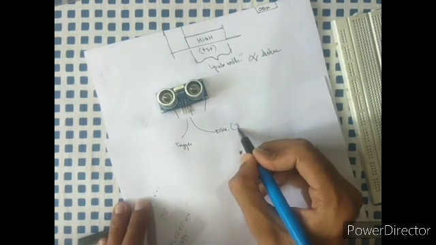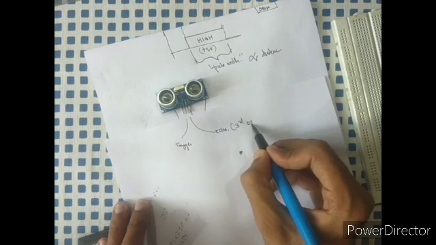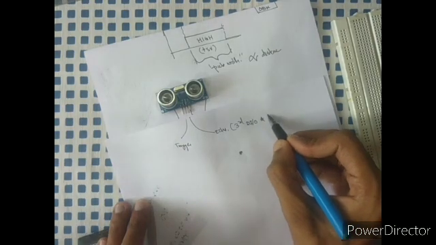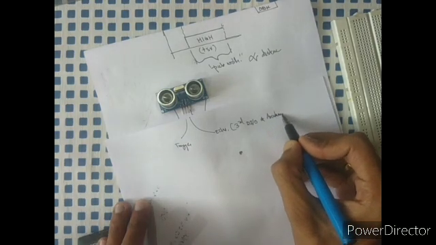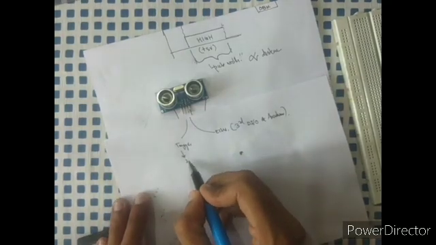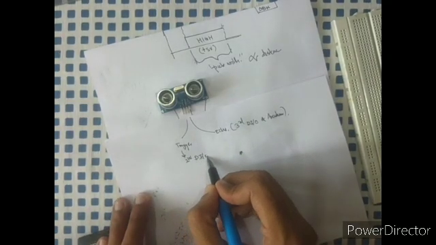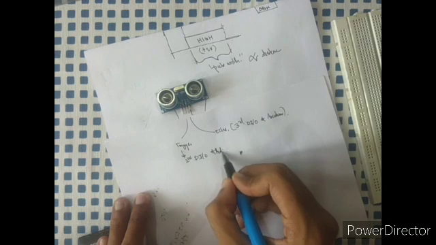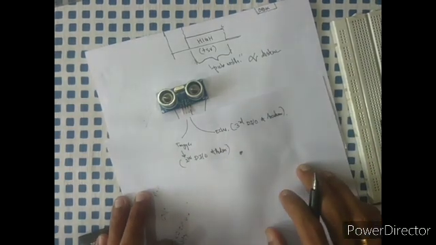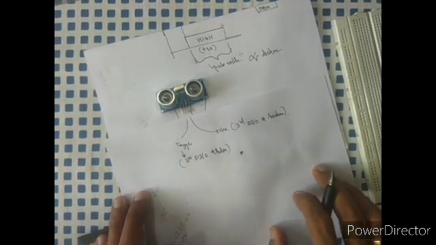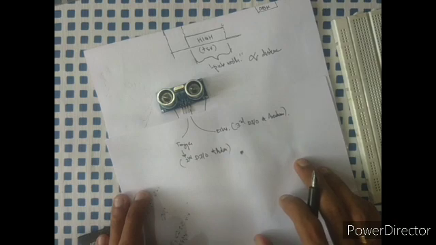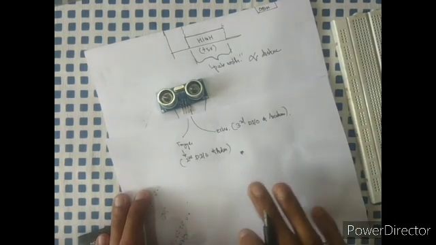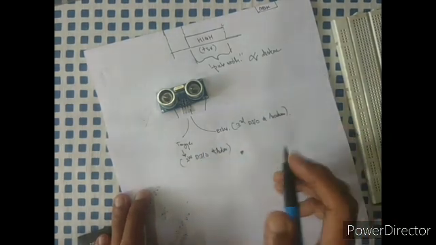The trigger we have to connect to the third digital I/O of Arduino, and the echo to the second digital I/O port of Arduino, that I have explained during the development of code. The connection is very straightforward.